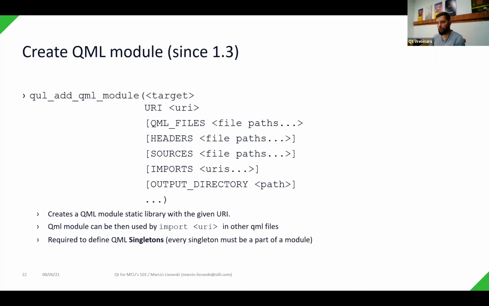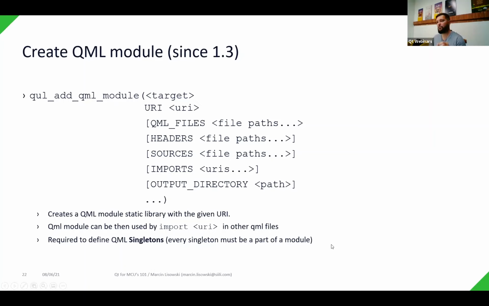Of course, a list of QML files is going there, some headers if any are needed, some sources as well, some imports that are used across your module, and of course, an output directory that can be used to define where your artifacts should be located after the compilation process.